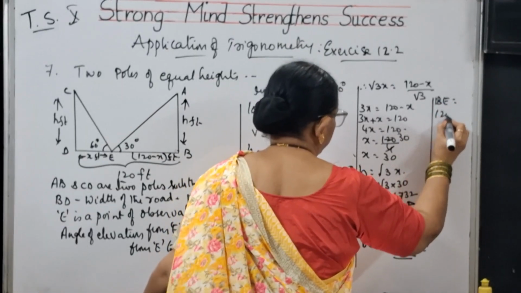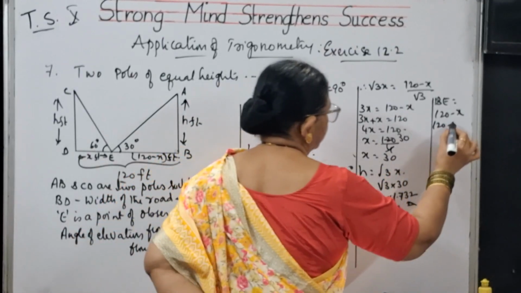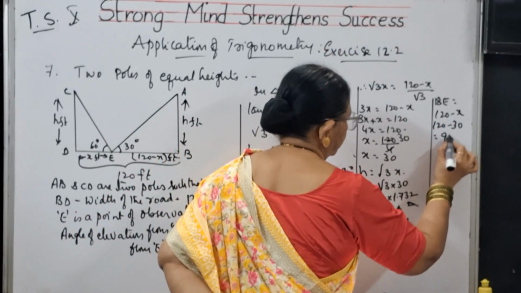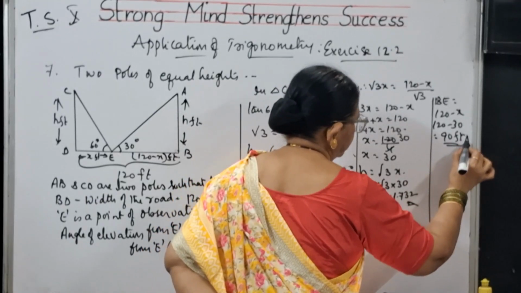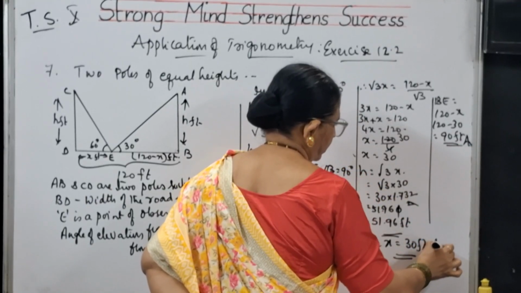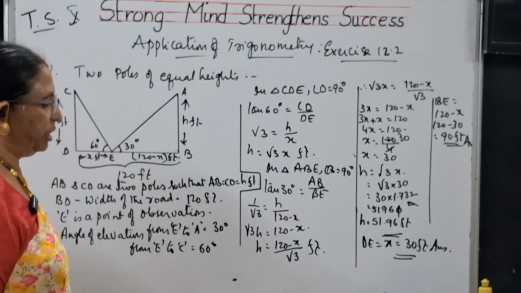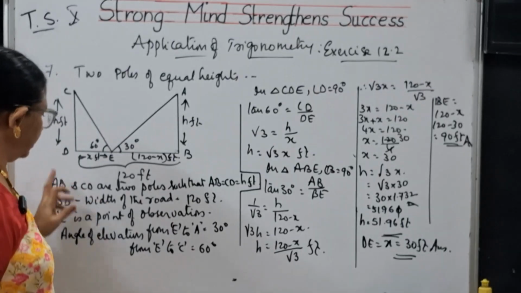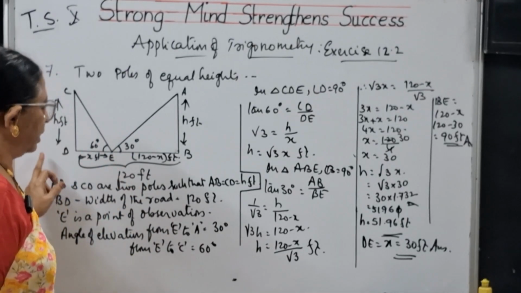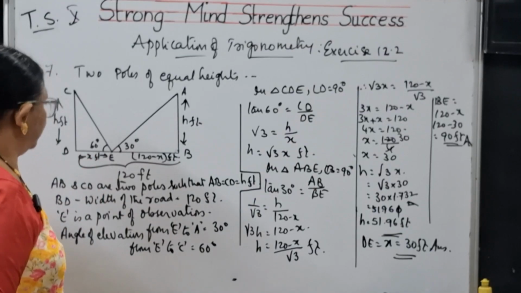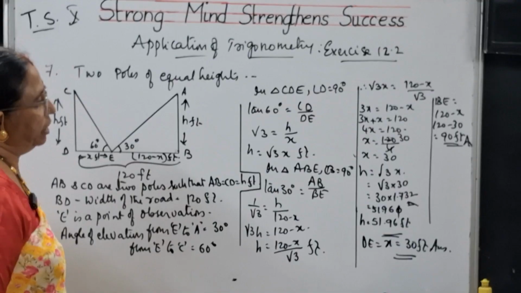BE is equal to 120 minus x, that is 120 minus 30, that is 90 feet. So these are two answers. DE is 30 feet, BE is 90 feet. That is one answer. E is at a distance of 30 feet from CD and 90 feet from AB.